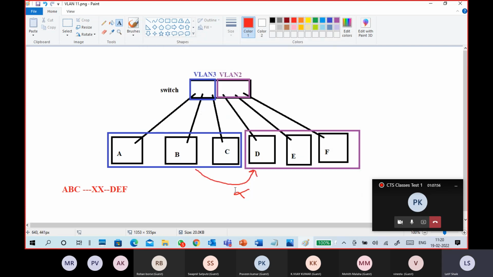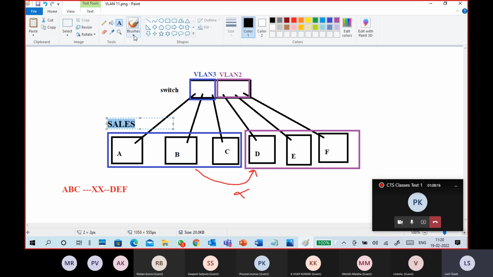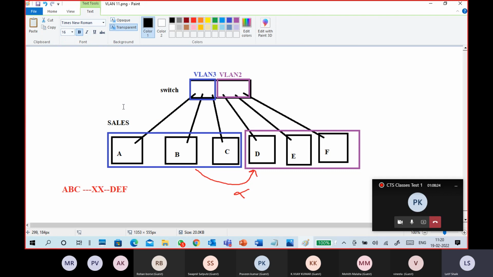Okay, for example, just a normal example for understanding only. For example, these all belong to a department. These three are in the sales department. So this is our sales department.